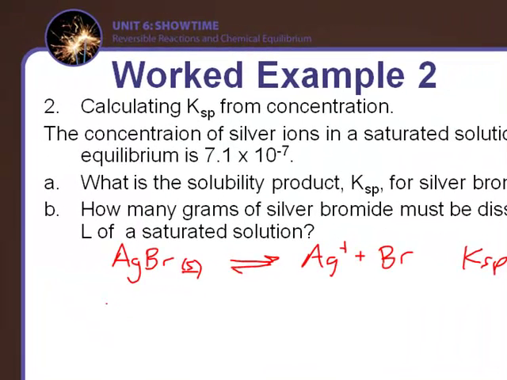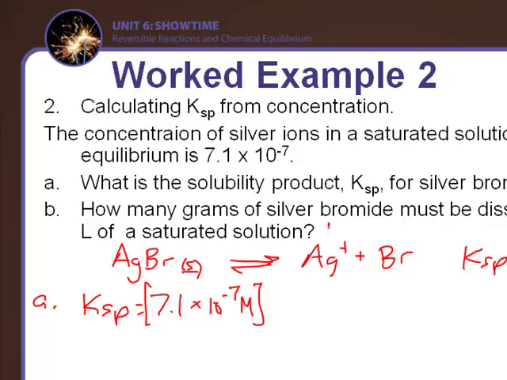For the solubility product, all we have to do is then plug in the value for our silver, which happens to be 7.1 times 10 to the negative 7th molarity for the silver.